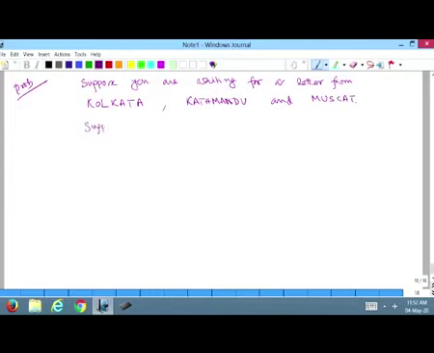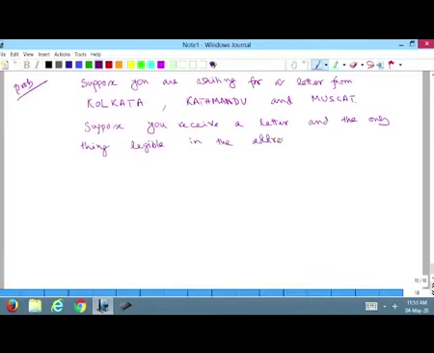Suppose you receive a letter and the only thing legible in the address is two successive letters AT.